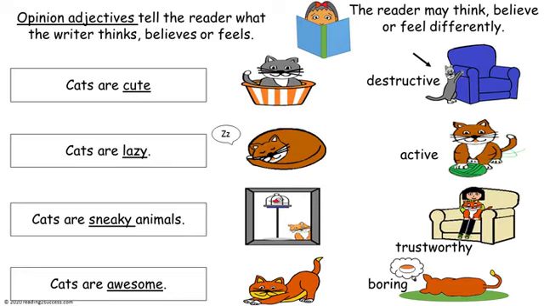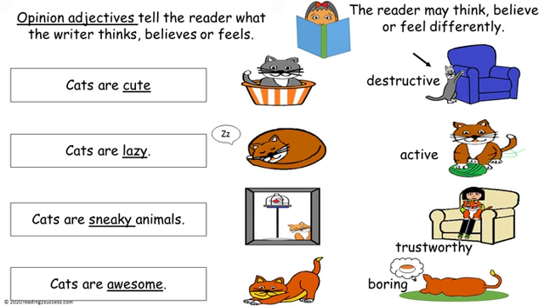Now let's look at how opinions about cats may differ. The writer might say cats are cute, but the reader might think cats are destructive. I've seen them claw on chairs. The writer might say cats are lazy, and the reader might think cats are active.